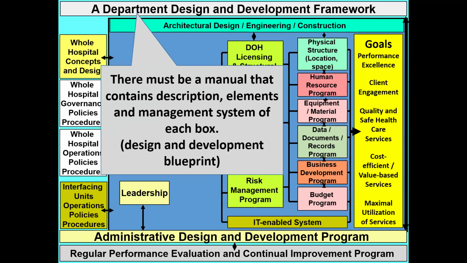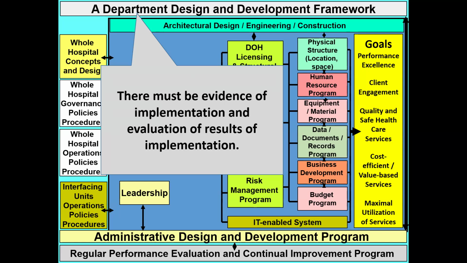To fully develop this framework, there must be a primer or manual that contains the description, elements, and management system of each box. So if there are 20 boxes, there must be 20 descriptions of the 20 management systems. This manual will be called the Design and Development Blueprint.